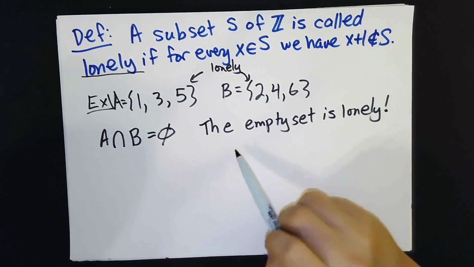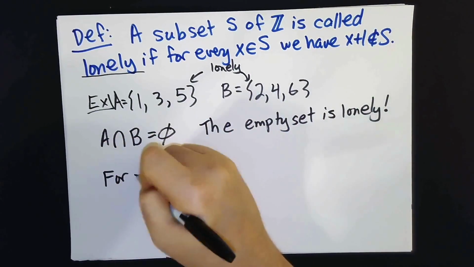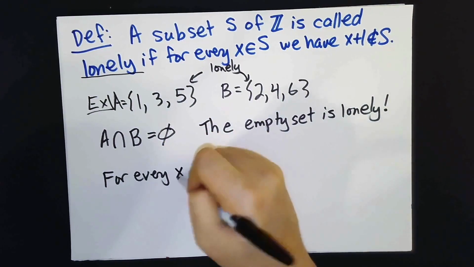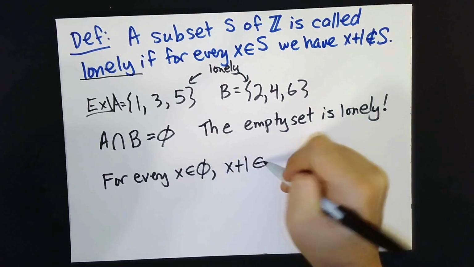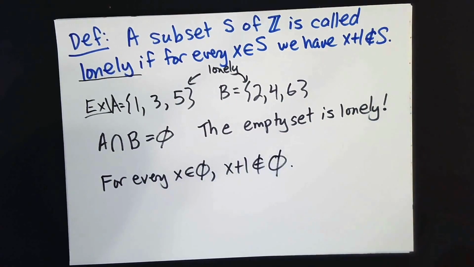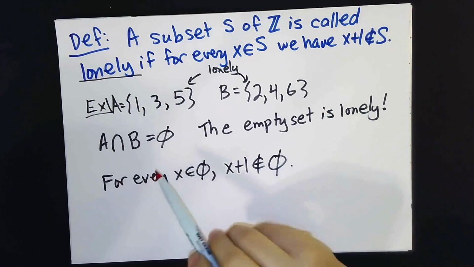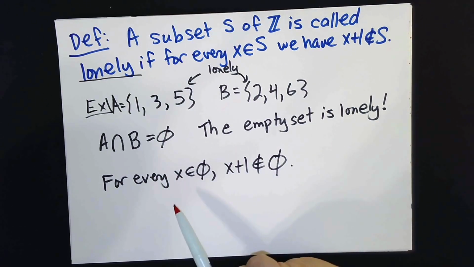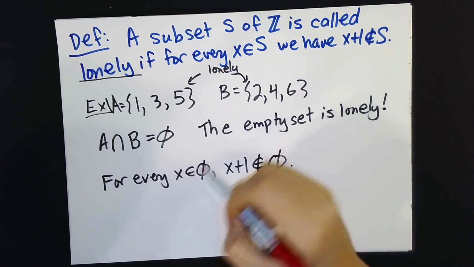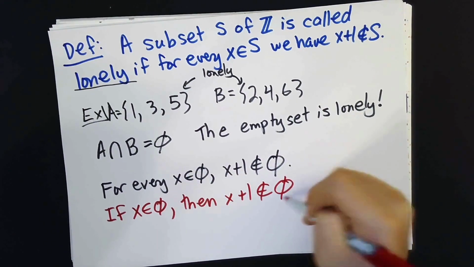Namely, what does saying the empty set is lonely really mean? It means I'm saying that for every x in the empty set, x plus 1 is not in the empty set. Now, again, you might not love talking about every element of the empty set because the empty set doesn't have any elements. But it's useful to remember that this for every statement I can rewrite as an if-then statement.